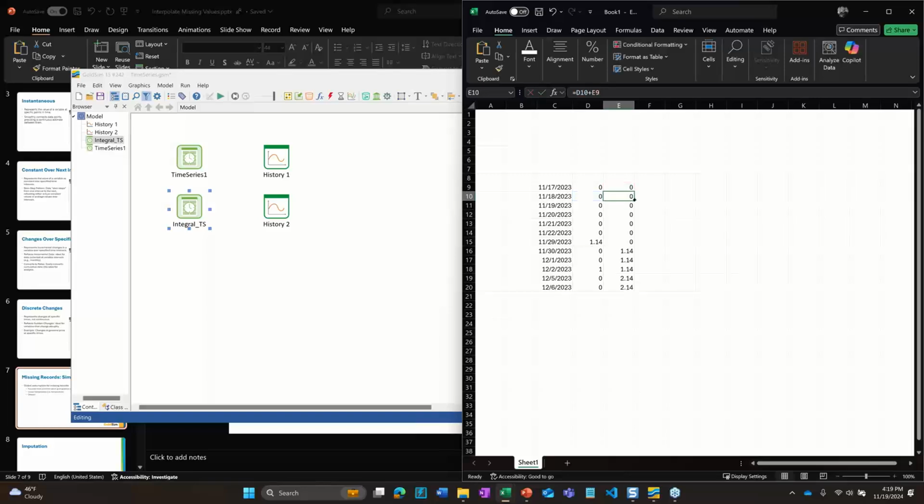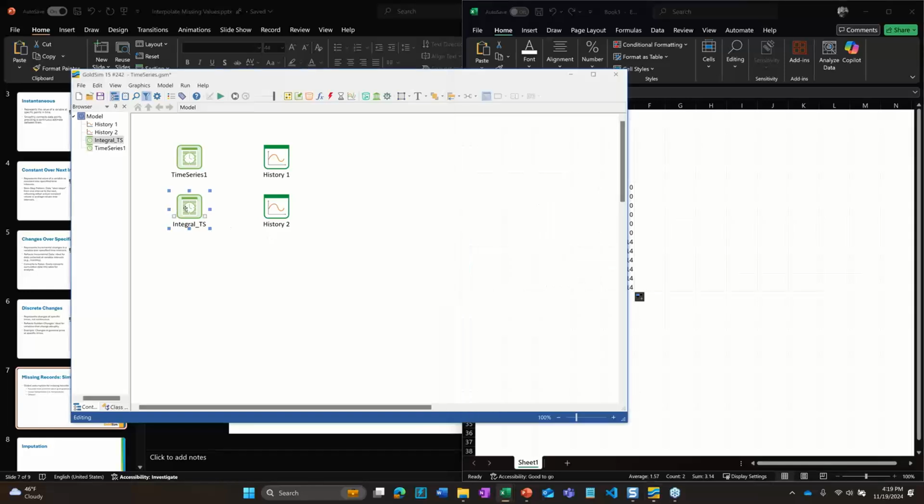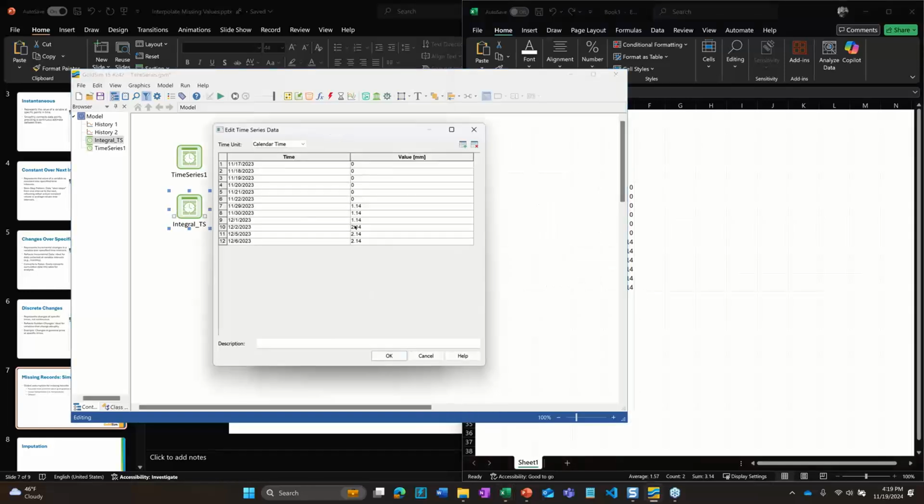Let's see, is that what I want to do? Yeah, that's what I want to do. So you could say that, and then we get down to this point and we added that value on this day. We get down here, we added this value exactly on that day, and then we could put those in here. So you can see that's how they're in here.